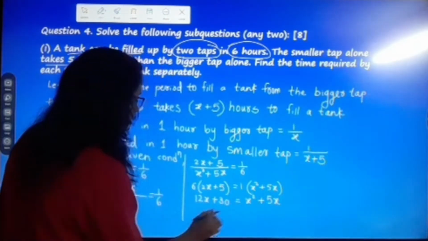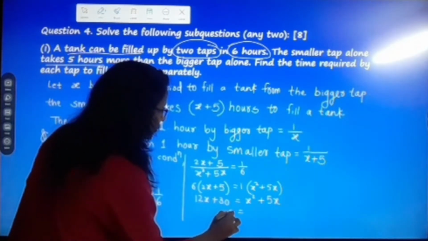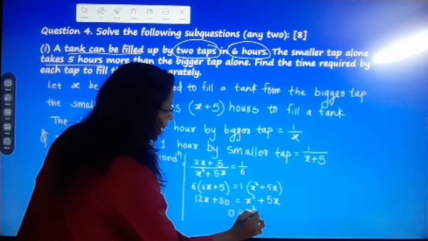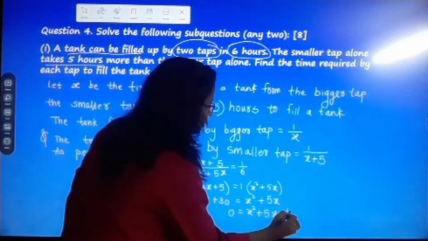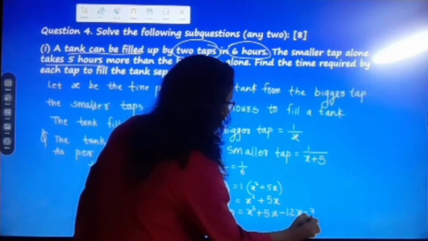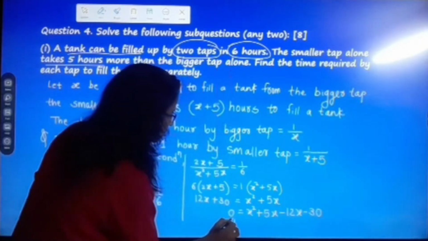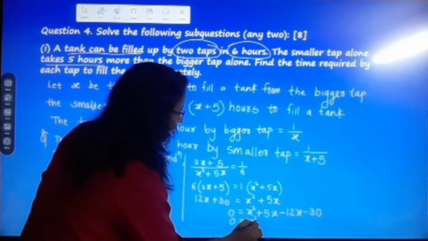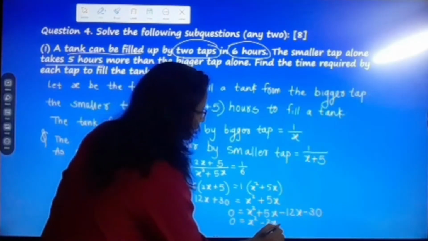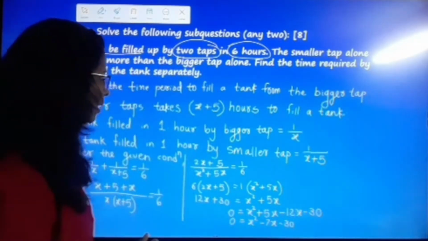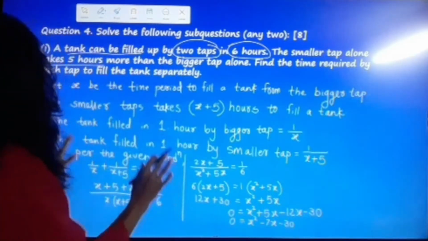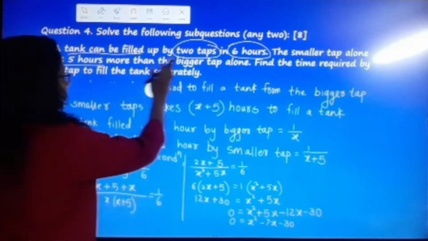In the simplest way, we write the equation as x square plus 5x minus 12x minus 30, that means 0 is equal to x square minus 7x minus 30. Then I solve this equation.